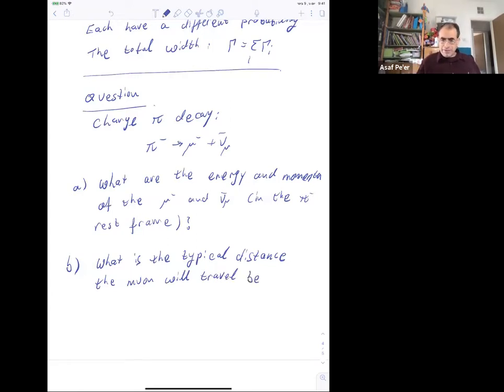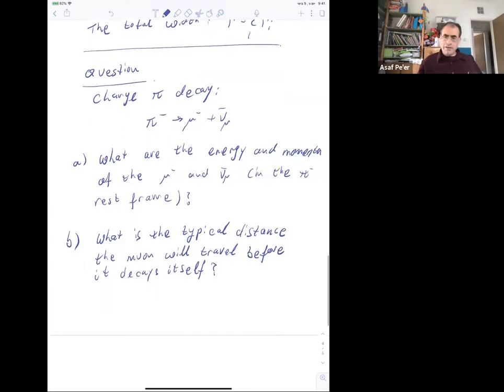The muon itself is not stable. Just so that you know, in the muon's rest frame, the muon's lifetime is 2.2 microseconds.